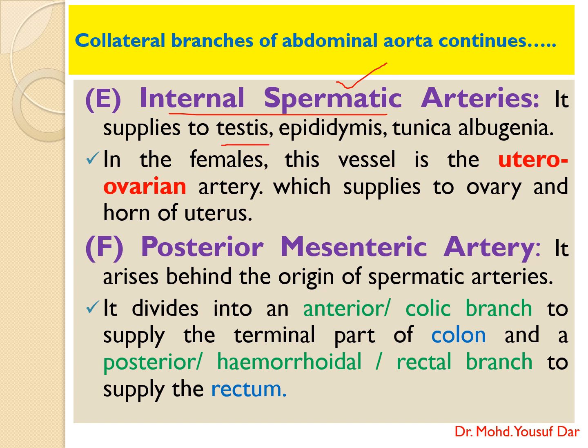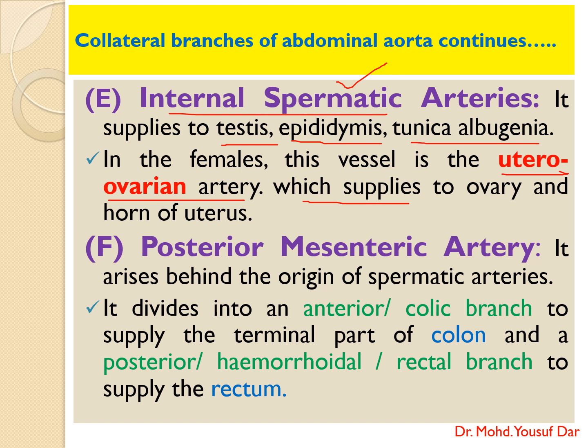So this internal spermatic artery supplies the testes, epididymis and tunica albuginea in males, while in females this artery is known as the utero-ovarian artery, which passes through the broad ligament of the uterus.